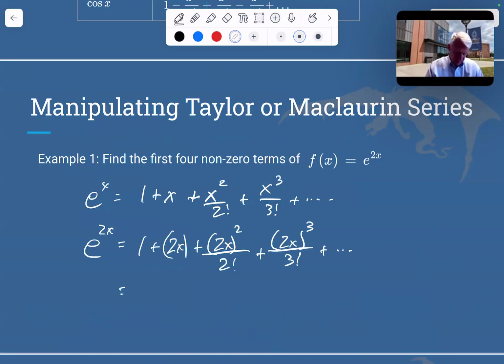If you want to simplify, then you have 1 plus 2x plus, just remember that this is 2 squared, so this is going to be 4x squared over 2, plus, just remember this is 2 to the third power, so this is going to be 8x cubed over 6 plus yada. But in essence, that's all we're doing with this manipulation: you're just plugging in the series that are most common, and then you're getting your results out of it.